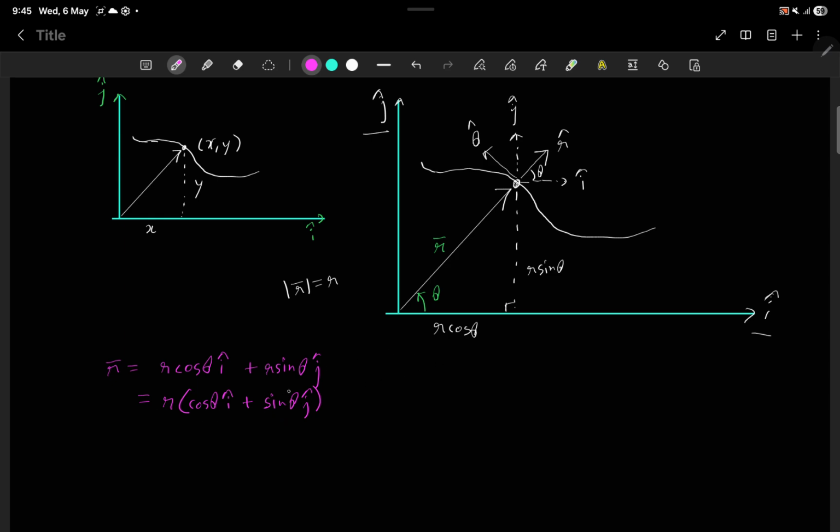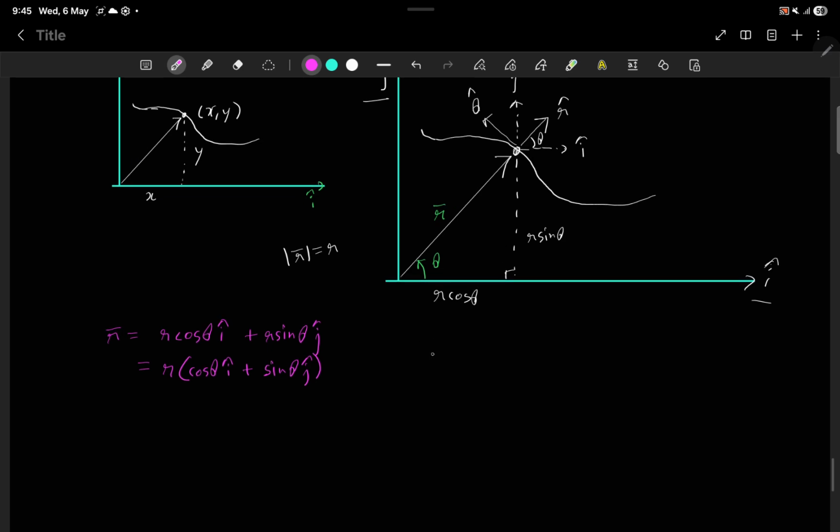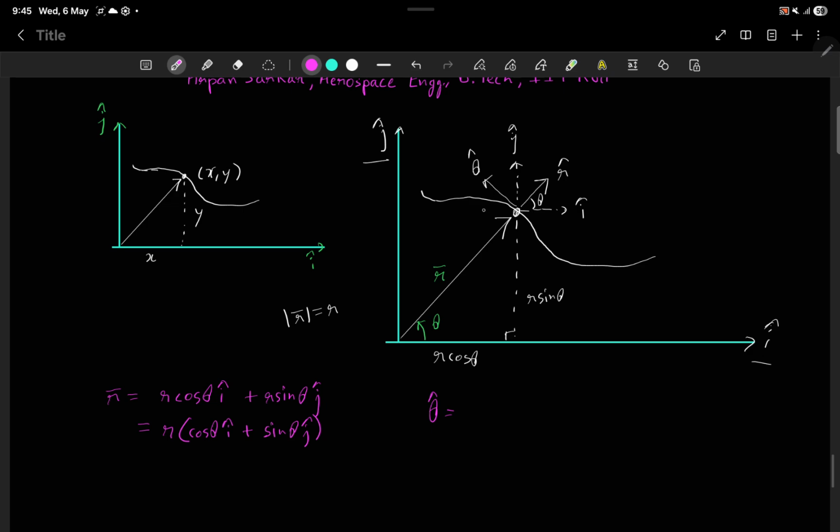Also, I want to define this theta cap. What will it be? This angle is theta, this is 90 minus theta, and these two are again perpendicular, so this is theta. This is a unit vector, so its magnitude is 1, and 1 times cos theta is cos theta itself.